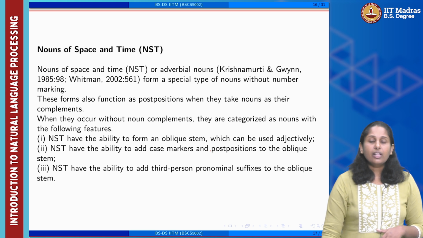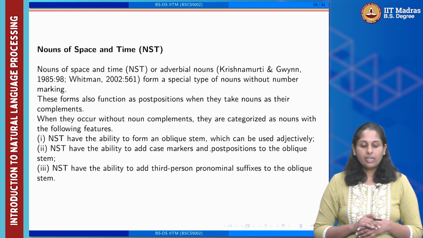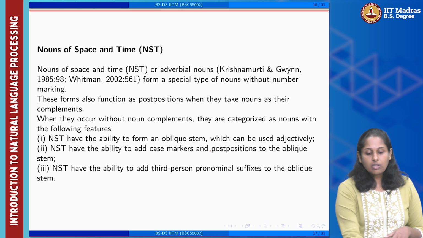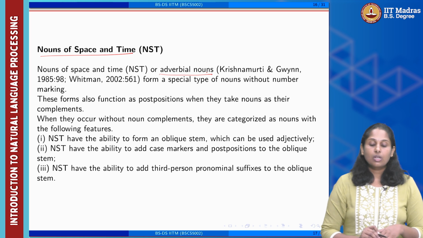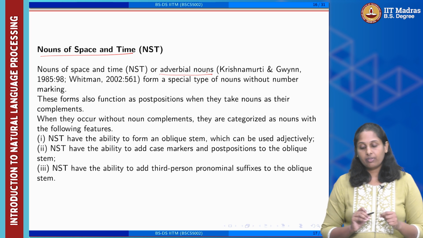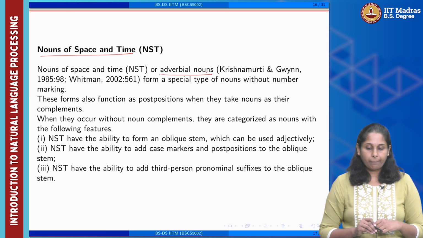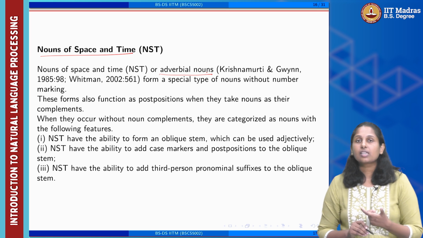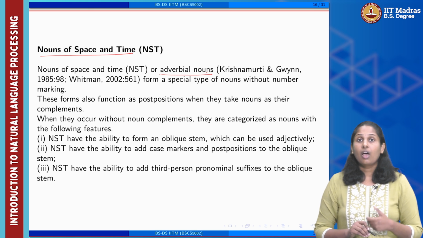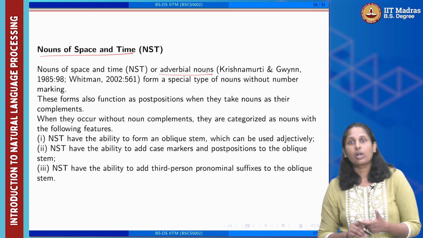There is another category, especially in the Indian language context, called nouns of space and time. They are a kind of adverbial nouns because they are a special type of nouns without any number marking. For example, in Hindi, upar can take upar se as a kind of case marker, but it cannot have a plural marker, right.